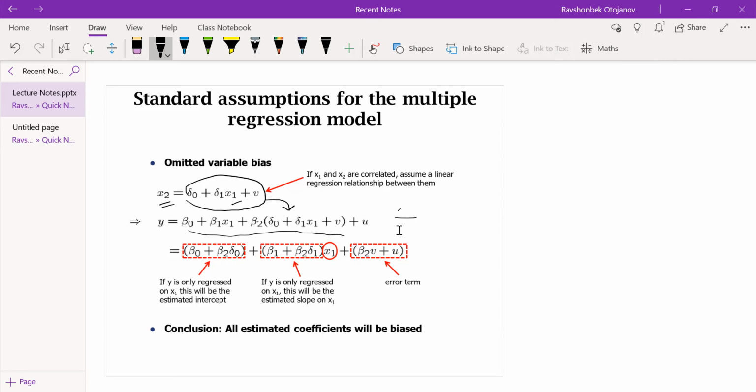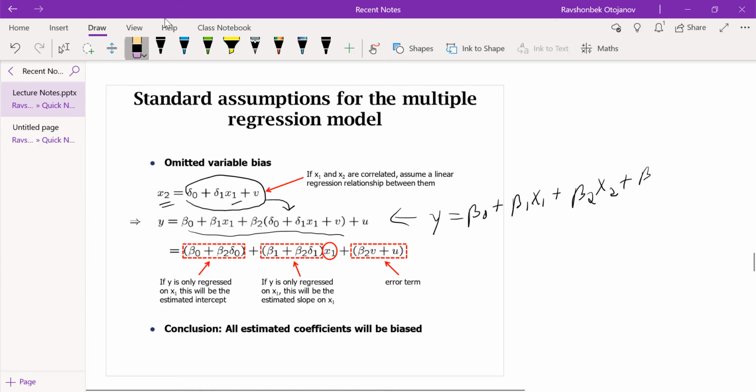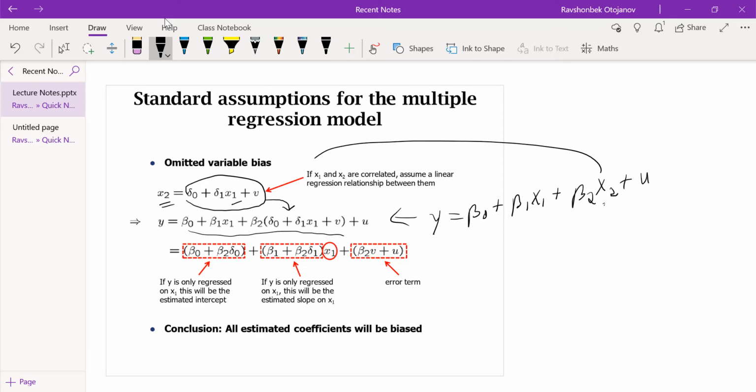So this population model should be written in this form. Just for exposition, I'm going to put this down. We don't need that last part. So instead we will have the u. So this here is basically this thing. I'll just plug that into the original formula, the population model.